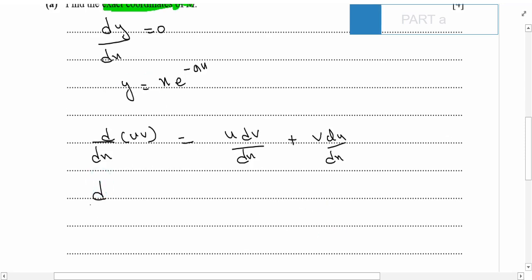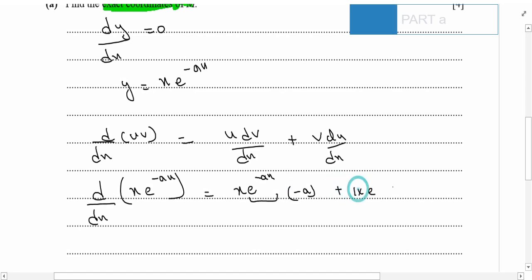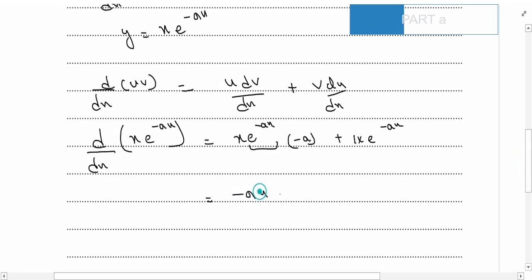So d over dx of x e to the power of minus ax becomes x e to the power of minus ax times the derivative of minus ax, which is minus a, plus the derivative of x, which is 1, times e to the power of minus ax. Simplifying, it becomes minus ax e to the power of minus ax plus 1 e to the power of minus ax, and this equals 0 because M is a maximum point.